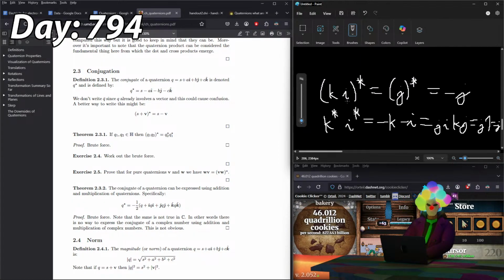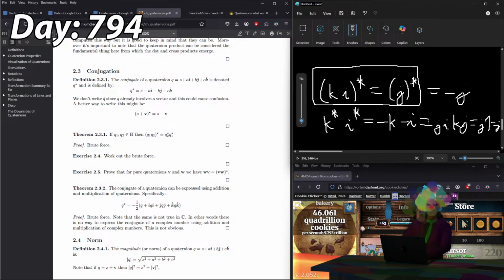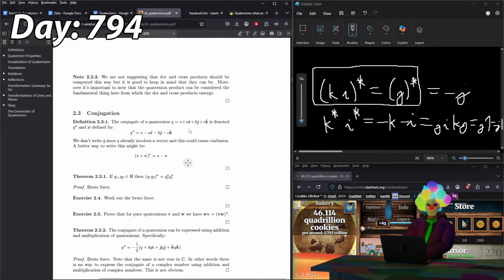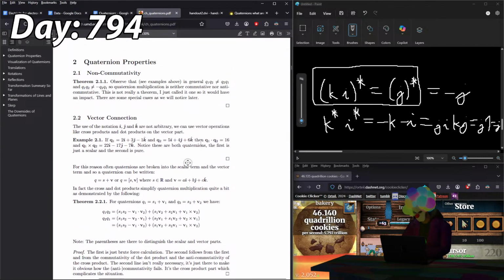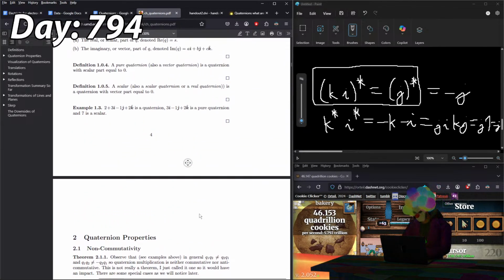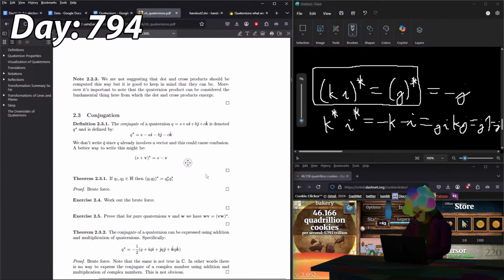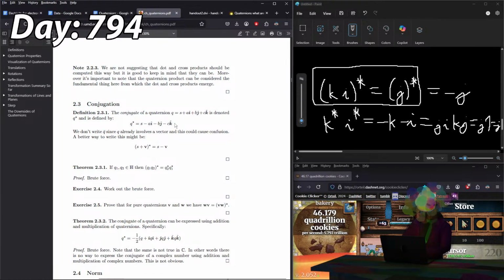What do you mean? You mean to tell me that this isn't true? What is the order of operations there? Is complex conjugate coming before multiplication? How do you interact with KJ? Well, apparently the complex conjugate just... where is it? Hold on. I had it right here. There we go. Complex conjugate just swaps them to negative.